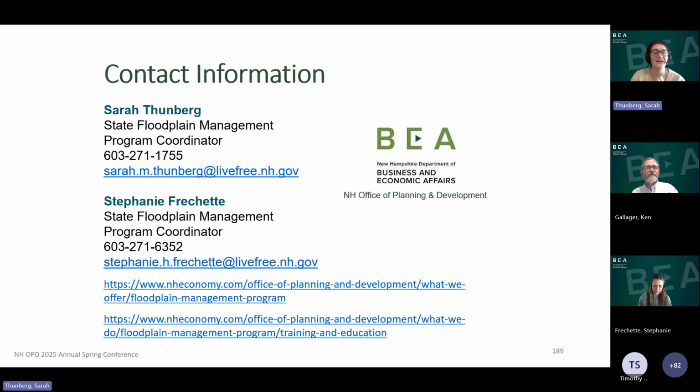There is something called the Map Service Center, msc.fema.gov. That is where you can type in either an address or generally latitude and longitude coordinates.